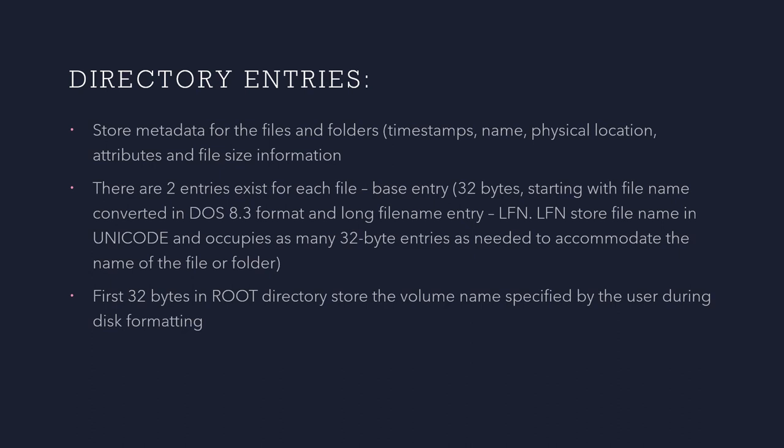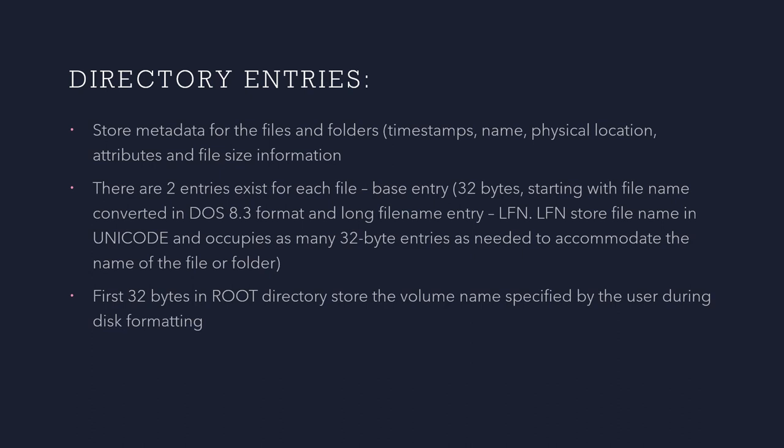When we're looking at directory entries, we usually operate with 32-byte entries. For each and every file, there will be two kinds of entries. The first is the base entry, or base record, which is 32 bytes long and which starts with a file name that is converted to DOS 8.3 format.